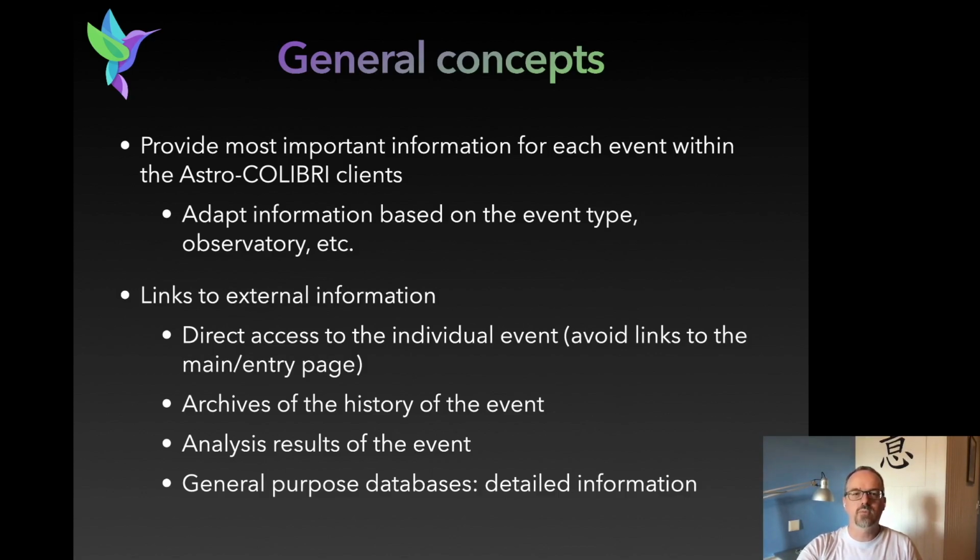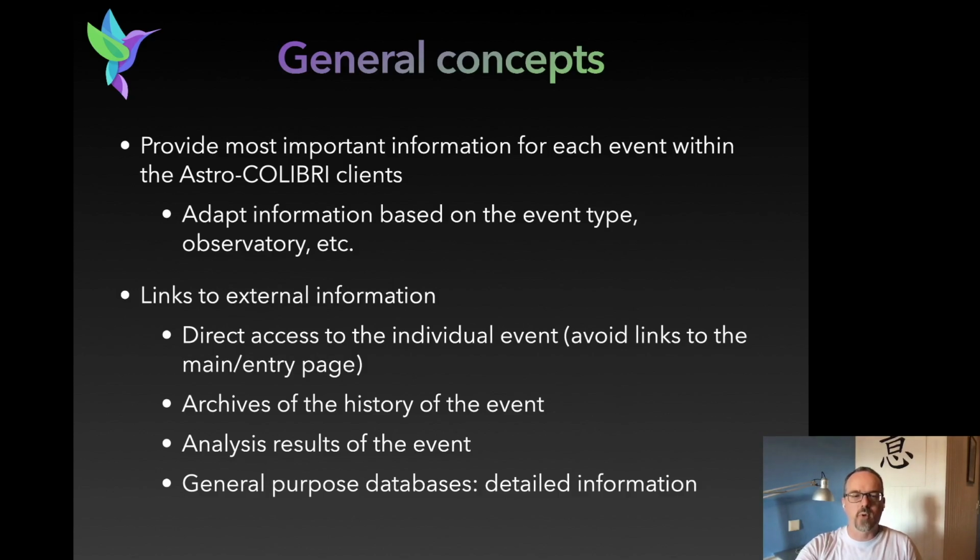We, of course, also provide links to external databases and services to draw from the large knowledge base that is available to the community. But we always try to get access to the individual event. So we will not build a library of web links or bookmarks only pointing to the entry pages of these services.